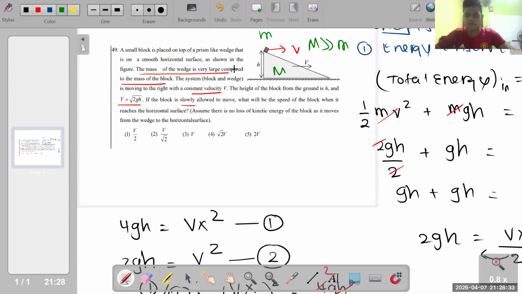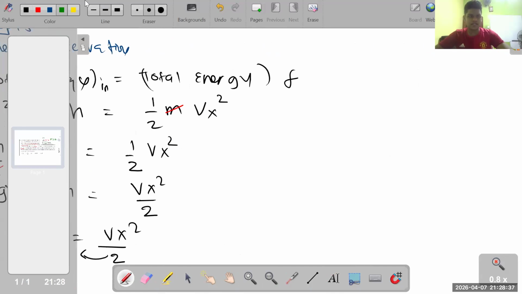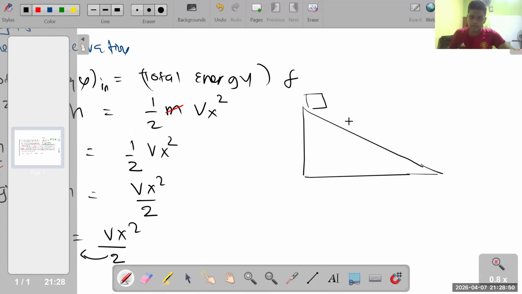If you think carefully, what happens here is, I'll draw the structure again here. This is what happens actually. This is the wedge part, and if you see, the block is here, and when it's moving here, can you see there is a reaction force that is created?